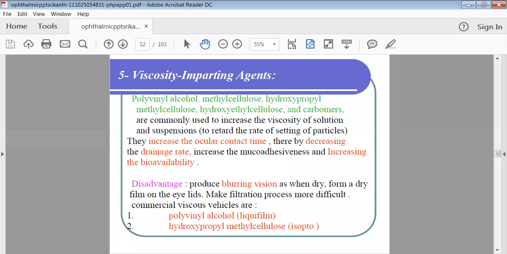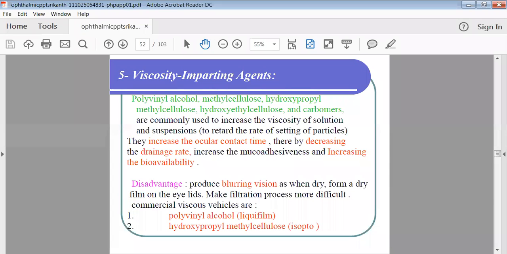And when it becomes dry, after your administered dose has finished after a particular time, the viscosity enhancing agent will form a film around your eyes. So that will sometimes cause difficulty in visualization, or blurred vision.